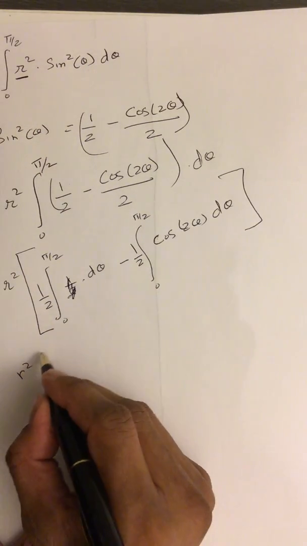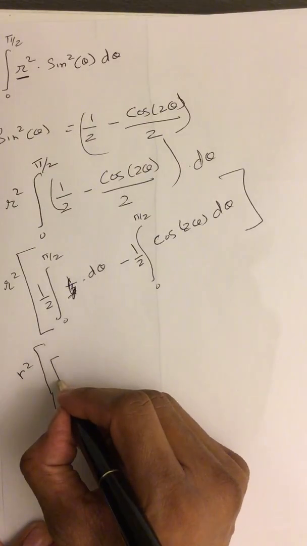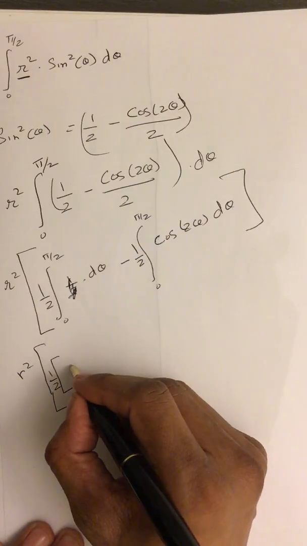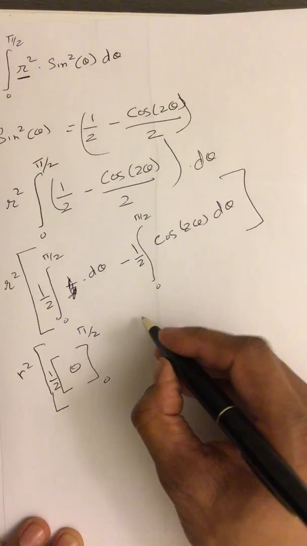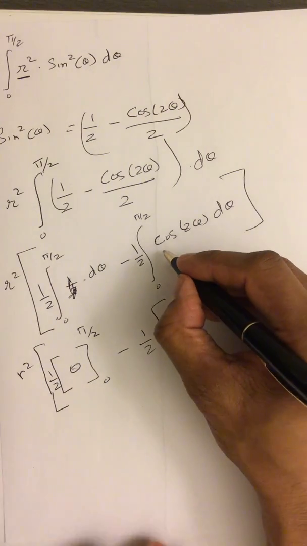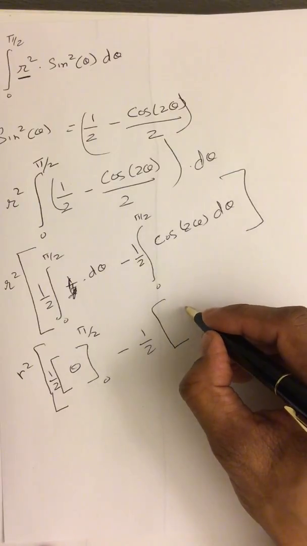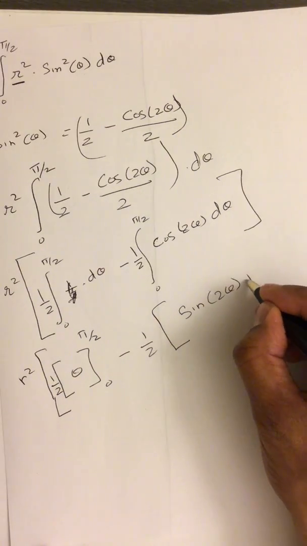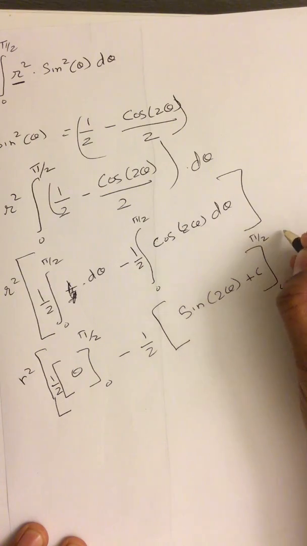So this becomes 1 by 2 into theta, limits of 0 to pi by 2, minus 1 by 2 times the integration of cos 2 theta, which is nothing but sine 2 theta by 2 plus c, some constant, with limits 0 to pi by 2.